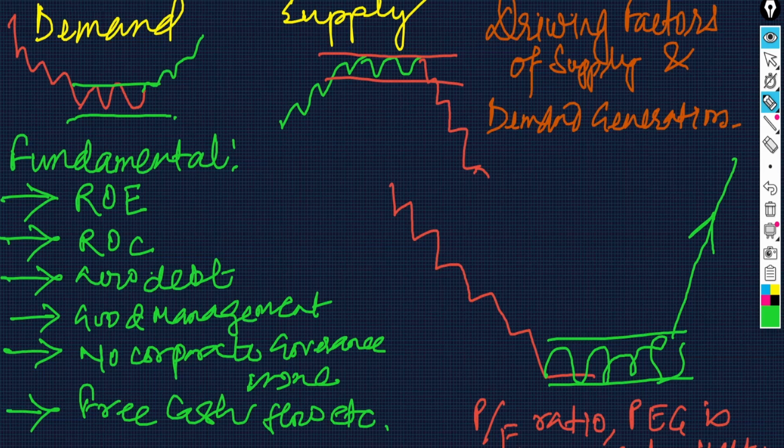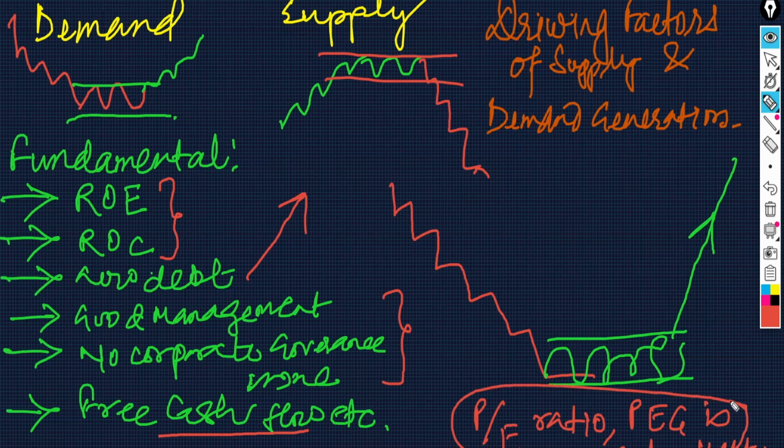If a security is not able to deliver return on equity and on capital, or the debt increased significantly after the quarterly result, or there is some management or corporate governance issue, or the cash flow is impacted, or the valuation is too high, then this will fundamentally create supply.